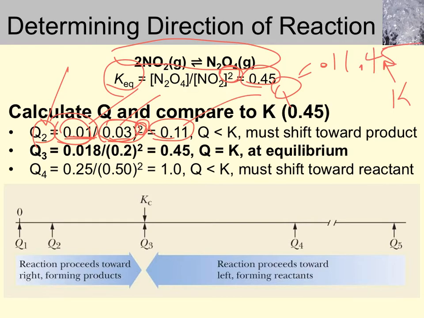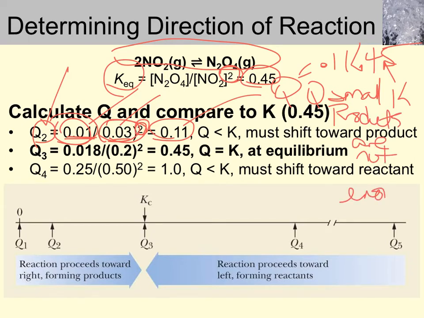So obviously 0.11 is less than 0.45. So you would say Q is too small, which means products, which are on the top of the equation, are not enough. You need to make more product, which means you shift right or shift toward product. So that's the type of procedure you would typically go through to answer one of these questions.